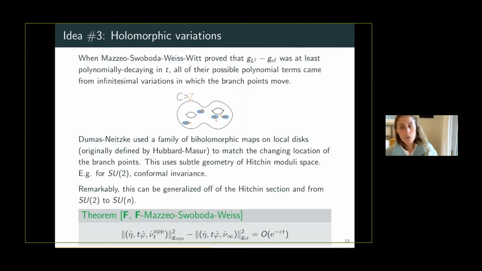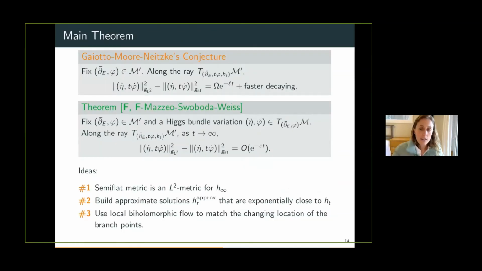The reason why this works fundamentally is because Hitchin's equations are conformal. And so they're able to pull back by this and get rid of this infinitesimal movement of the disks. With that, you can get exponential decay even of G approximate minus G_SF. So that is really, I'd say, the three main ideas behind the theorem.